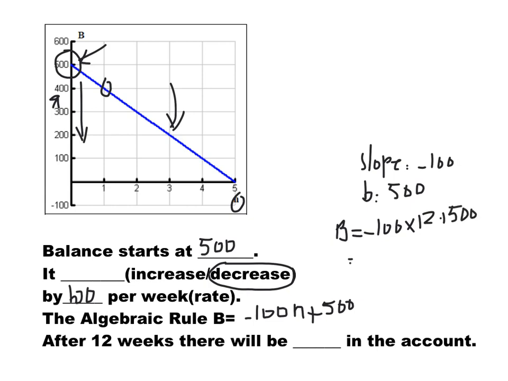Negative 100 times 12 is negative 1200, plus 500 is going to give me negative 700. So this means that after 12 weeks I do not owe anything because the value becomes negative here.